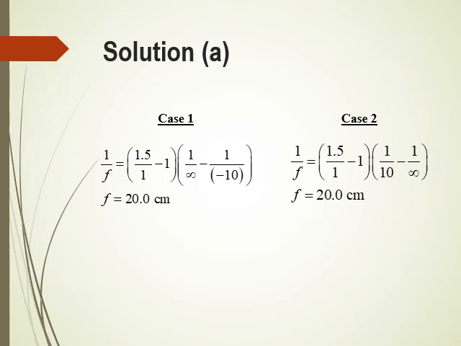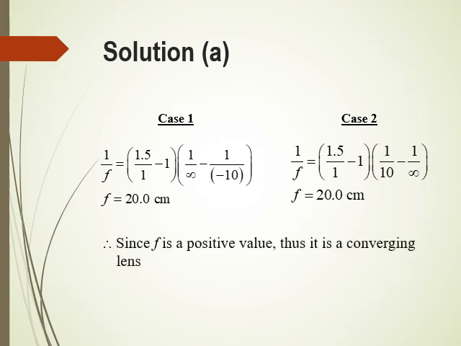This shows you it doesn't matter how you arrange the planoconvex lens. As long as you get R1 and R2 correct, you will still get the same answer. And how do we know whether it is a converging or diverging lens? Well, since f is a positive value, the lens that we have now is a converging lens.